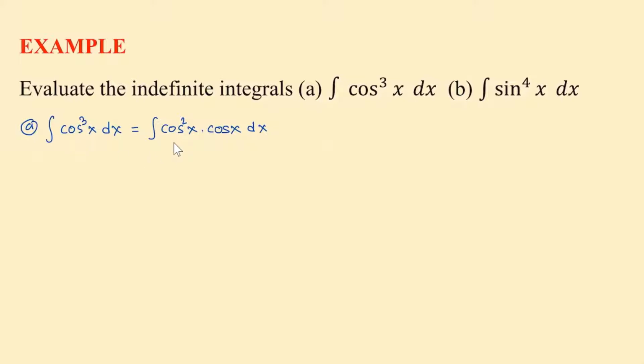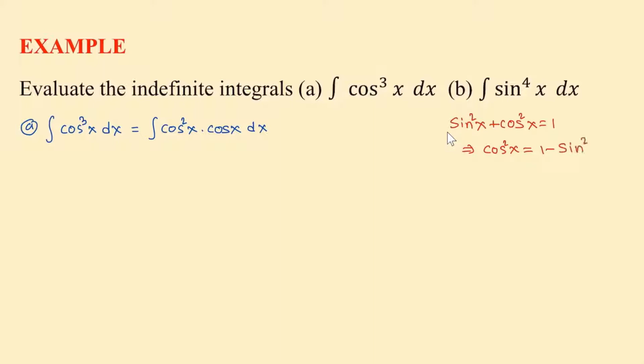Now, if we look at cosine squared x, we can recall the Pythagorean identity, which says sine squared x plus cosine squared x is equal to 1. So if I solve this for cosine squared x, that is equal to 1 minus sine squared x.